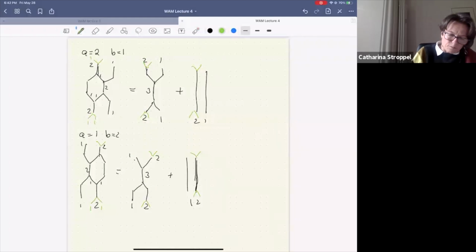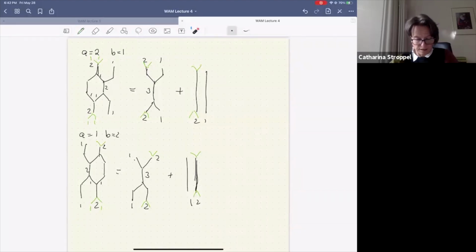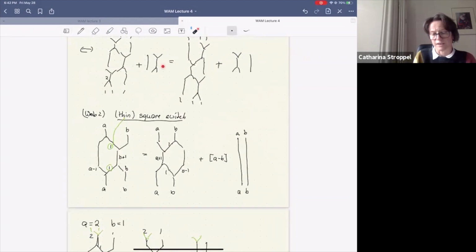And it ends at 1, 1, 1. So I can now compare them. And what you see is that here is the same thing as here by this associativity relation which we had. And so what is left over is this diagram on the left, and these two. And so if you just take the difference of the two, you get exactly the relation here.